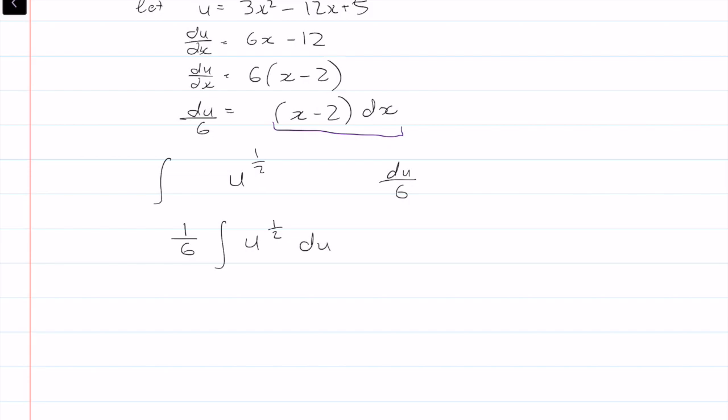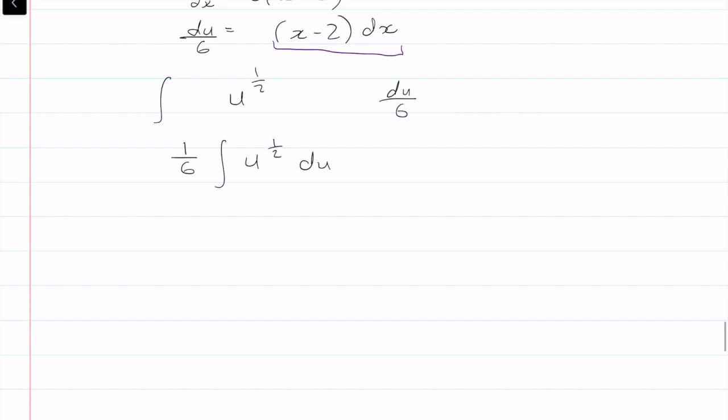This is a pretty simple integral: the integral of u^(1/2) is u^(3/2), and for the chain rule we need to multiply this by the inverse of our exponent, which is 2/3. Is that correct? Yes, that is correct.